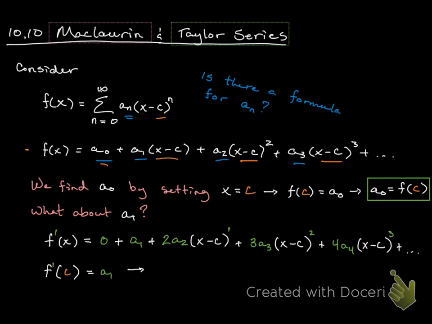So plugging in c leaves me with a1, and if I rearrange that again, I get a1 is equal to f prime of c. So far, there's not much of a pattern. a0 is f of c, a1 is f prime of c, maybe a2 has to do with f double prime. You would be correct in thinking that. Given my derivative here, let's speed that up.